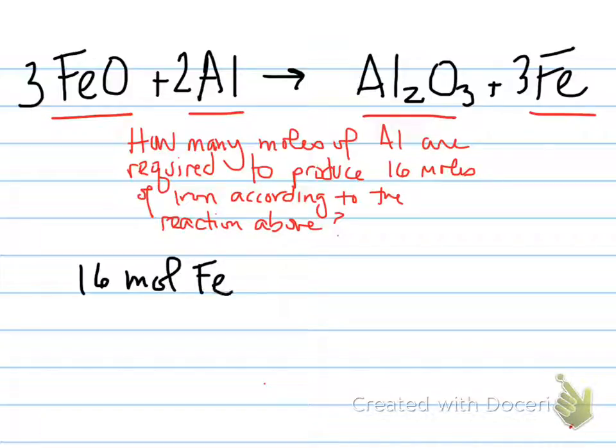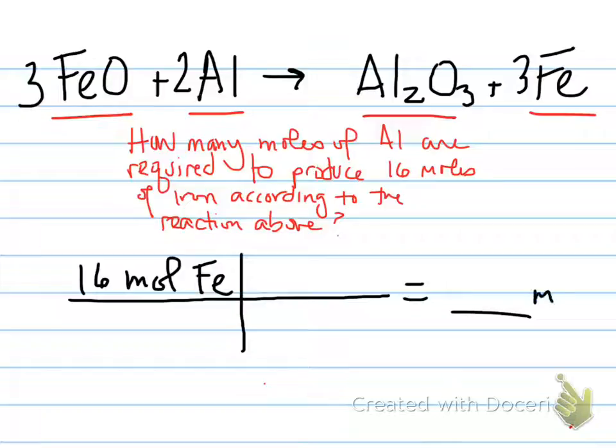So we start off our factor label with 16 moles of iron, and now we have to find a conversion factor, because what we want to know is how many moles of aluminum are required. So where do we get our conversion factor? What kind of ratios did you practice? Mole ratios.